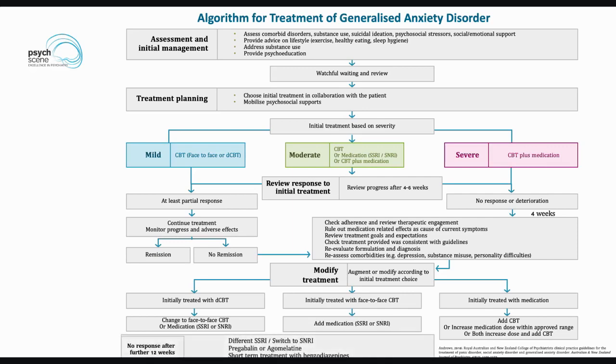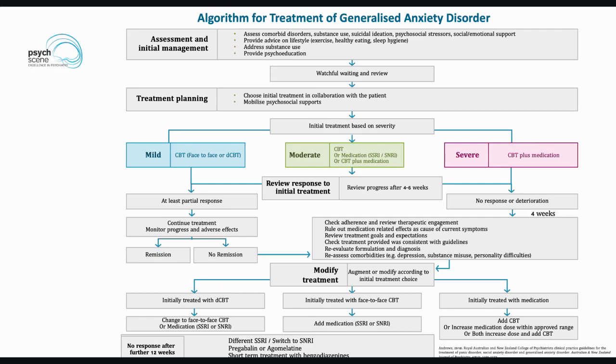Now, if there's no response after 12 weeks, there are some additional strategies. You may consider a switch to a different SSRI. So SSRIs include escitalopram, citalopram, fluoxetine, paroxetine, sertraline, fluvoxamine as well. You may switch to an SNRI such as duloxetine or venlafaxine. We also have desvenlafaxine.